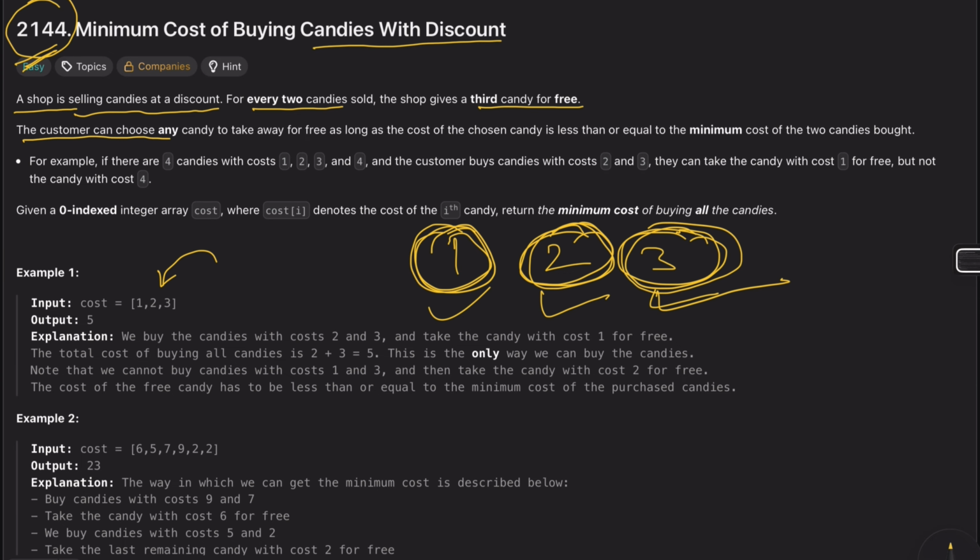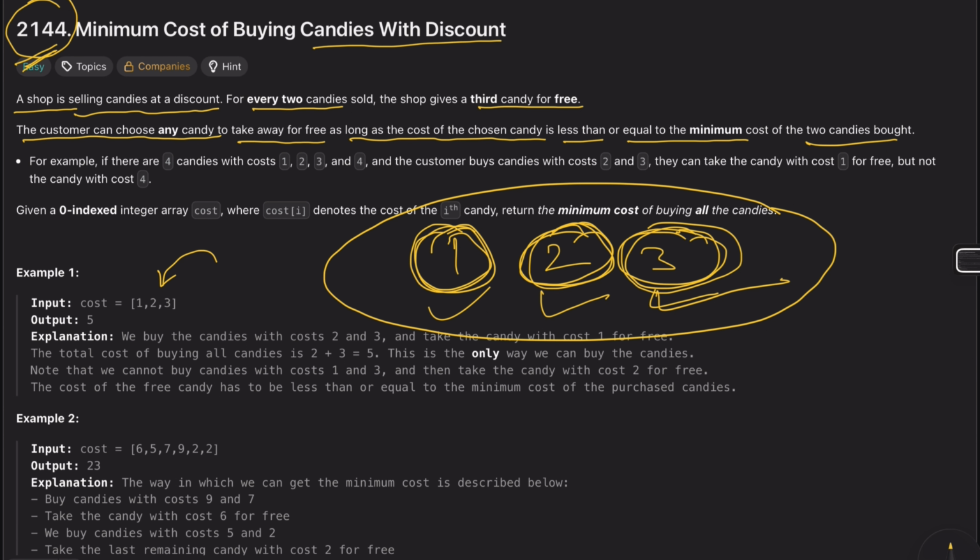The customer can choose any candy to take away for free as long as the cost of the chosen candy is less than or equal to the minimum cost of the two candies bought. If you are going to buy the two candies, the free candy's price should be less than or equal to the cheaper of the two. In this case we have only three candies.